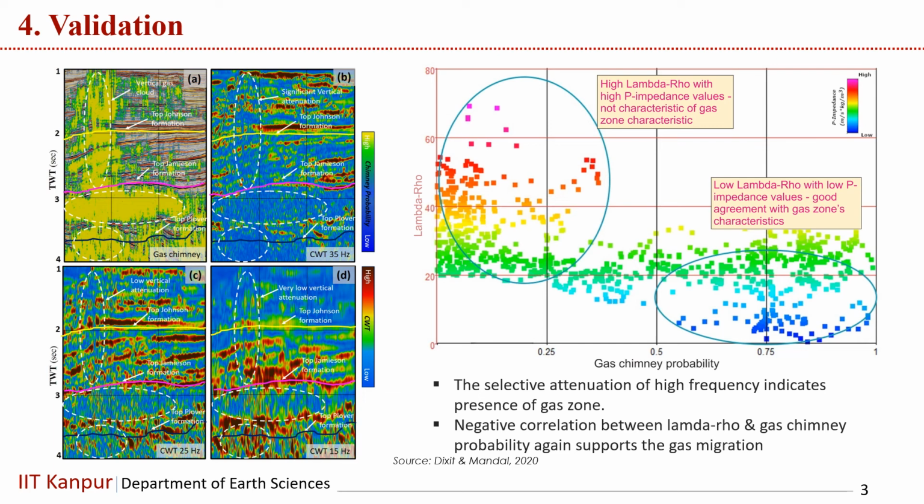The second thing is that the lambda rho values are again very low. Also, on top of that, the probability of gas chimney which we get through our NN training is indicating very high probability. So this zone is fulfilling all three criteria, and we can characterize this particular zone as a gas zone.